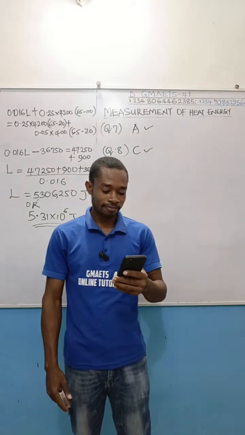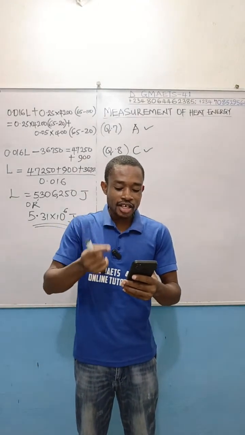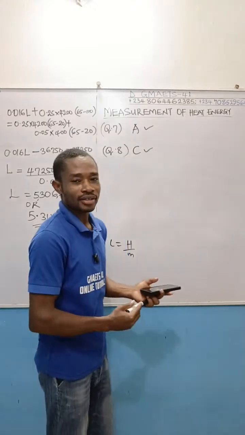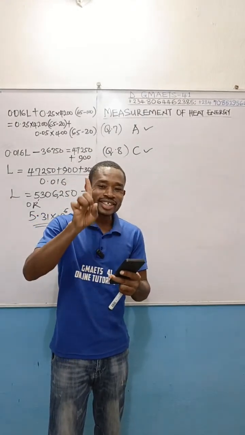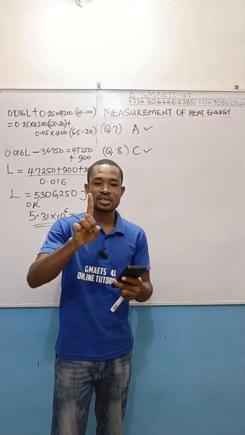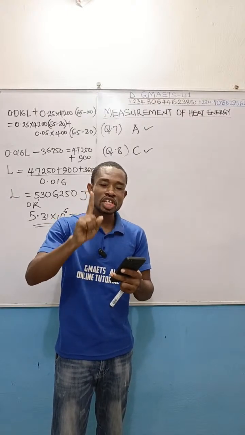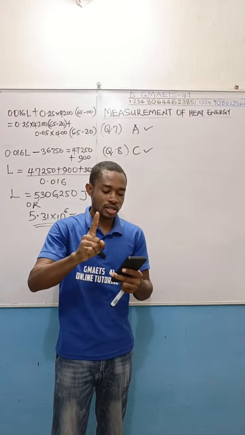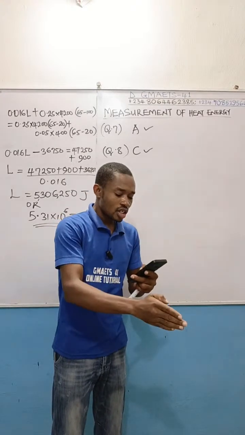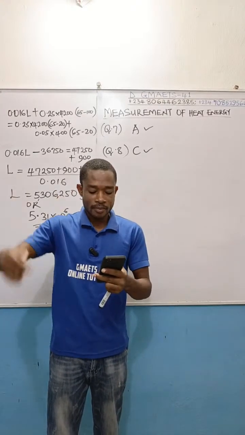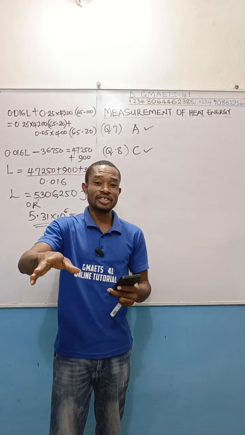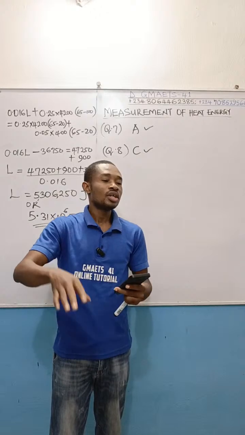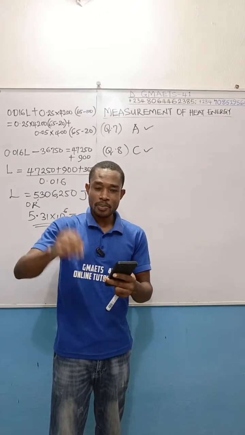Question number 9. The heat energy required to change 1 kilogram of a substance from a liquid to a gaseous state at the same temperature, that is no temperature change, is called... I repeat that again.